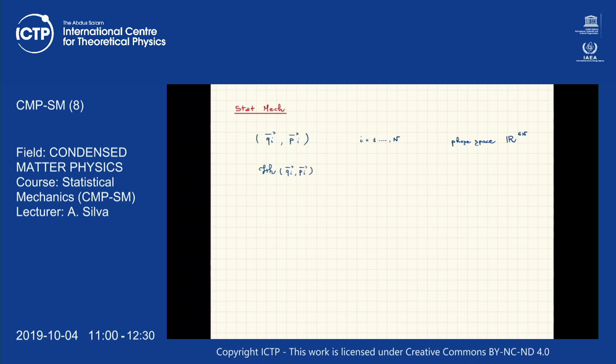And the equations of motion for my system are going to be the usual Hamilton equations: q dot equals dH/dp, and p dot equals minus dH/dq.